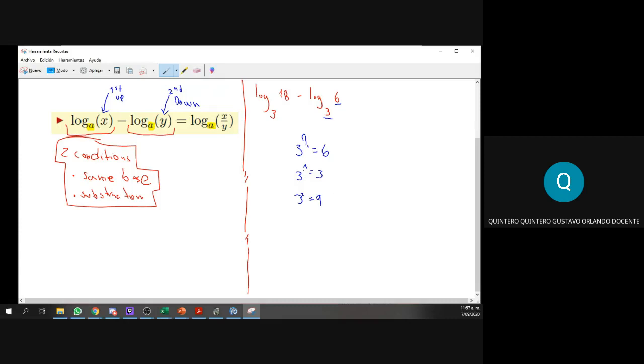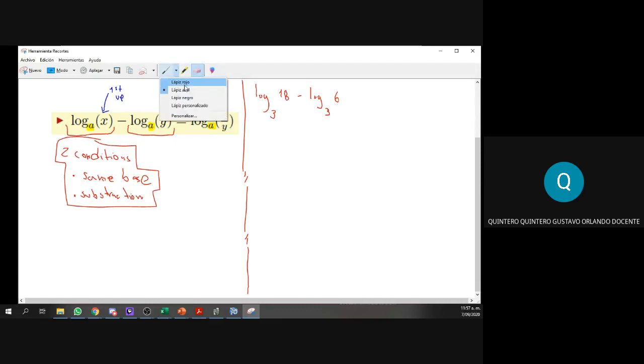So no, it's a value between 1 and 2. It has to be 1 point something, right? So what's the answer then? This is an example that we're gonna have to use our calculator for as well.